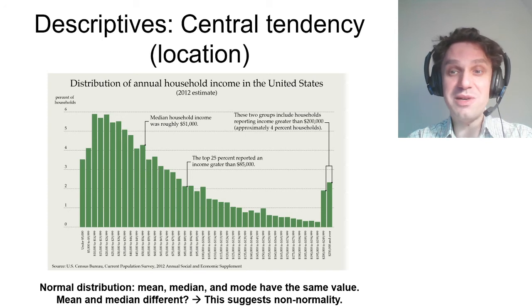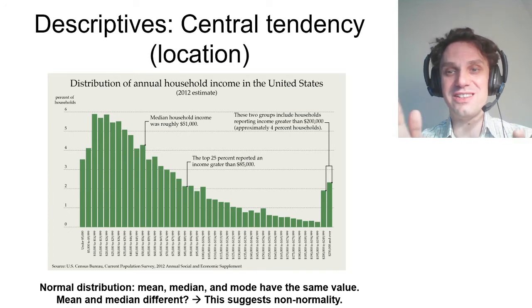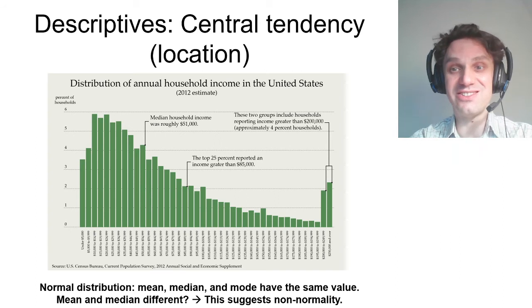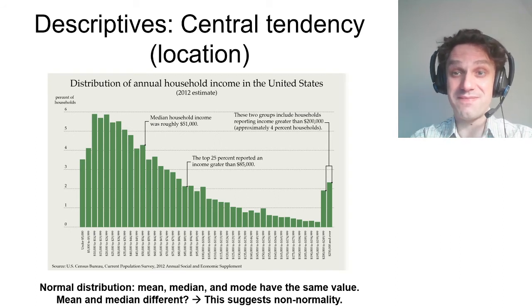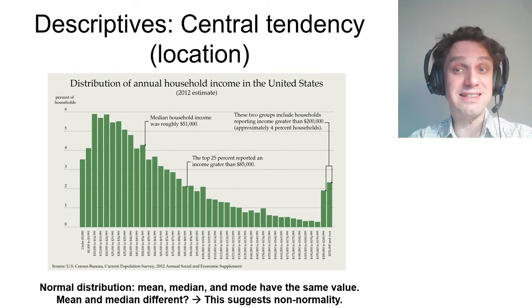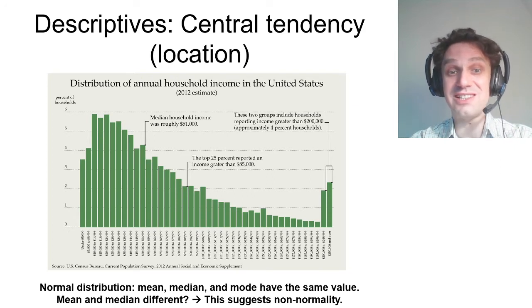But in addition to mean, we can use also other measures of central tendency, this parameter is also called distribution location. Where is your distribution located on this horizontal axis? Where is its center? And we have at least 3 different statistics that we can use here.